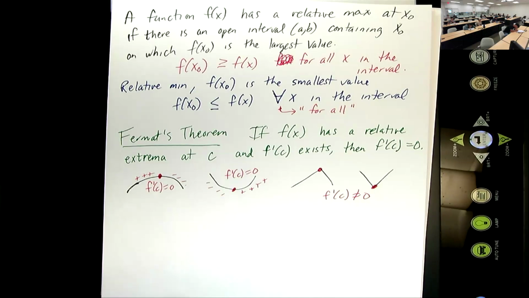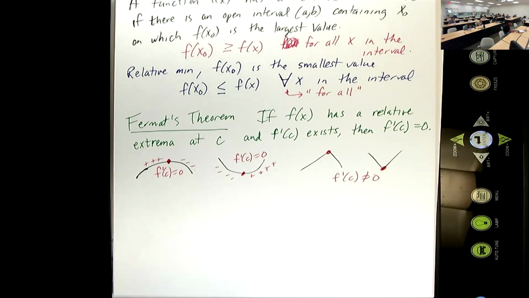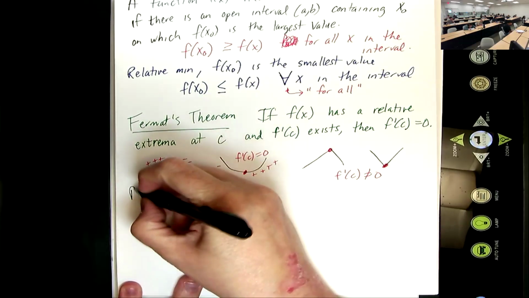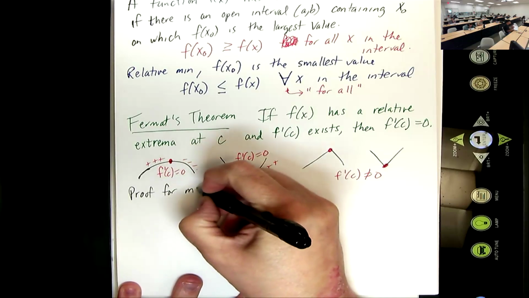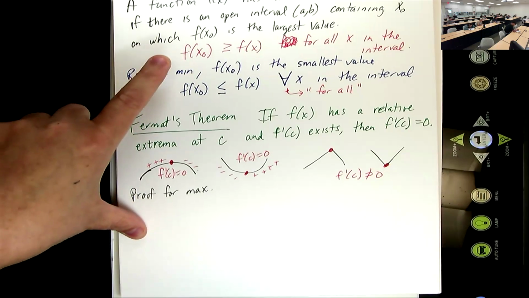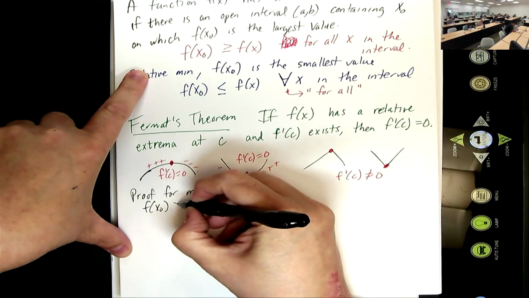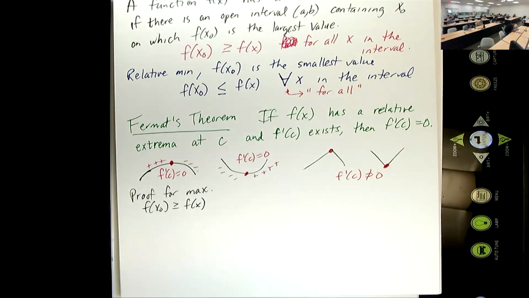They go through a proof of it, and it's worth showing you, just so you get used to seeing how math proofs work. We'll prove the maximum one, and the minimum is very much the same. I'm going to go back up here to f of c being greater than or equal to f of x. That's my c, so f of c.